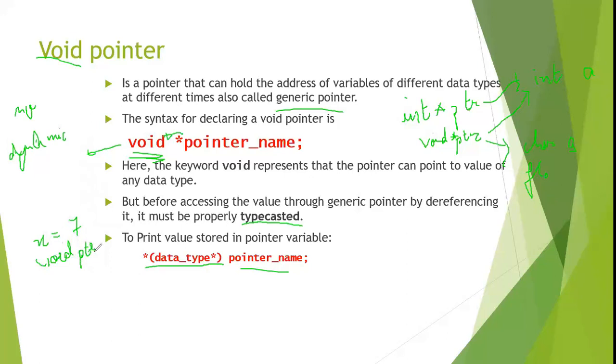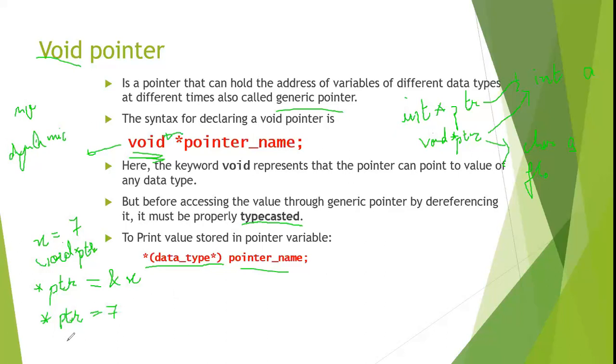In that case, if I return ptr, it will give me, just a second please. So what is the value of pointer ptr? It will be 7, right?